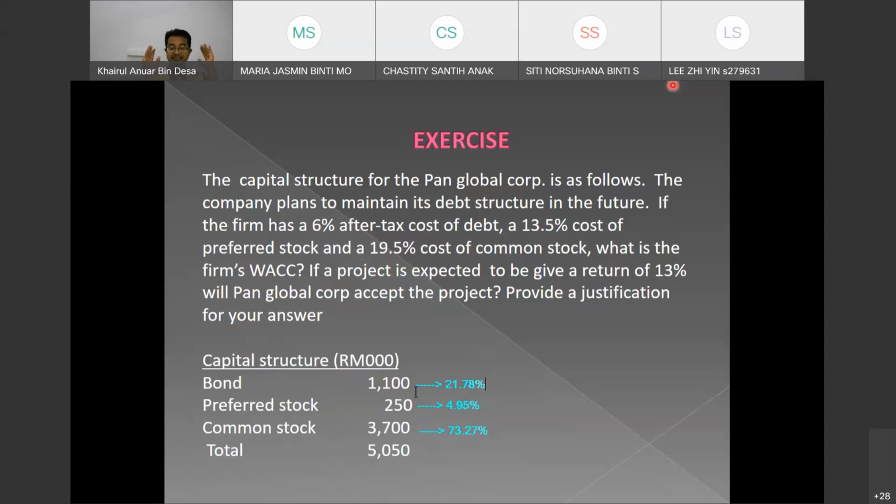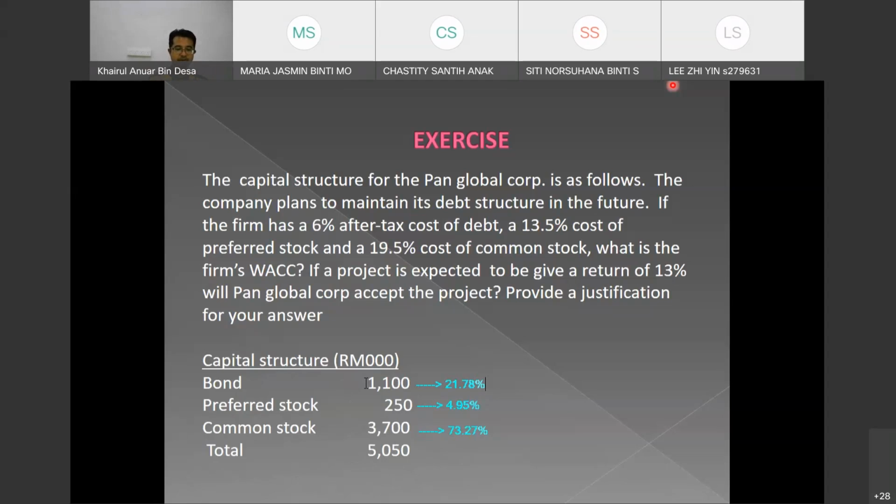Alright, this is the percentage of our capital structure components. Bond represents 21.78%, preferred share 4.95%, common share 73.27% out of the total 5050.